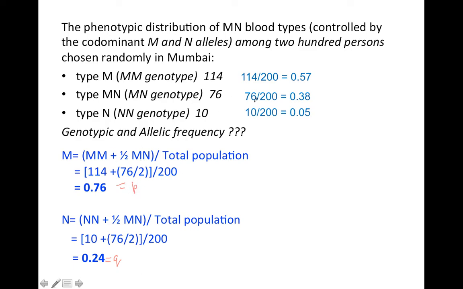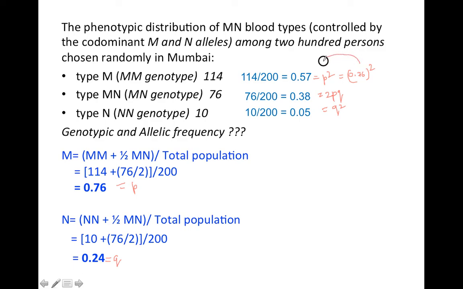Now, if you remember the genotypic frequency, what was that? This one is p square. What is this one? This is 2pq, right? And this is q square, right? So if this is p, what should p square be? p square should be 0.76 whole square.